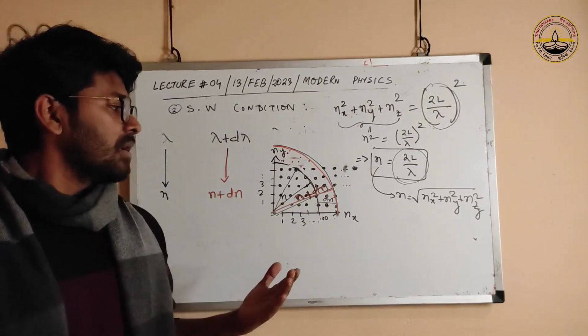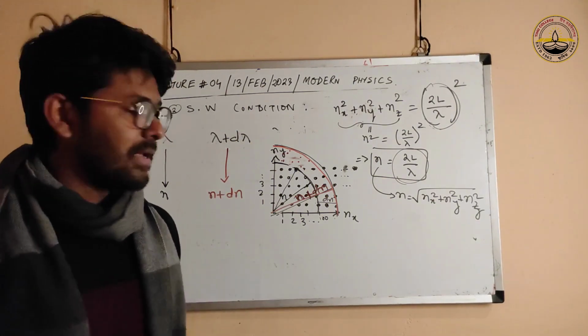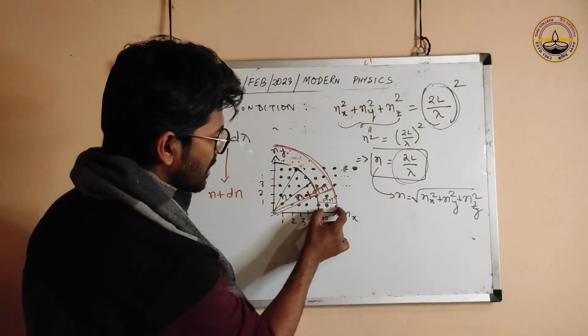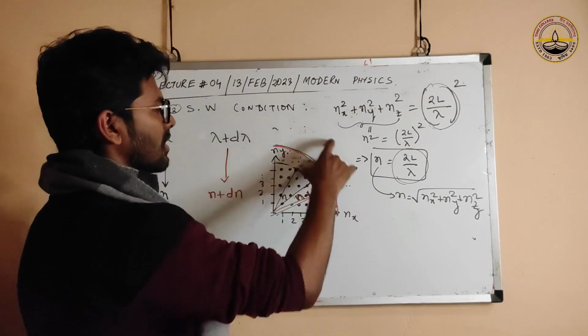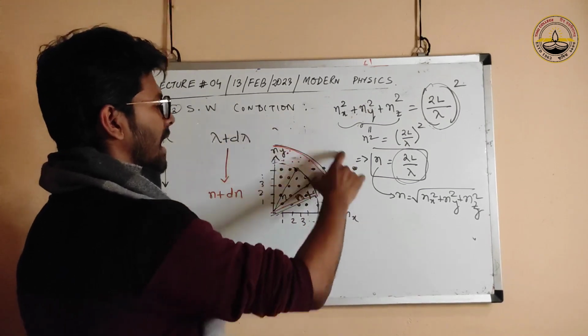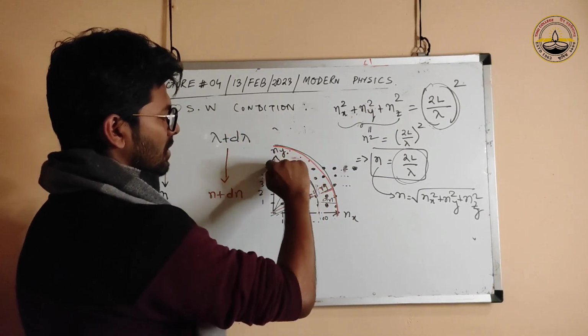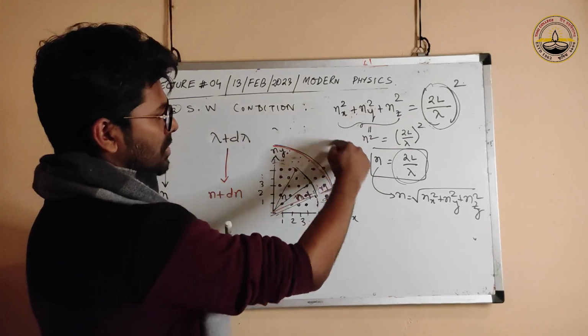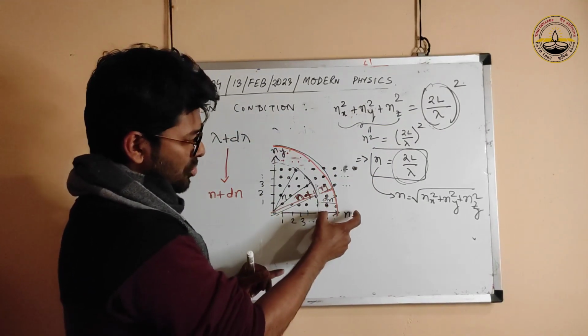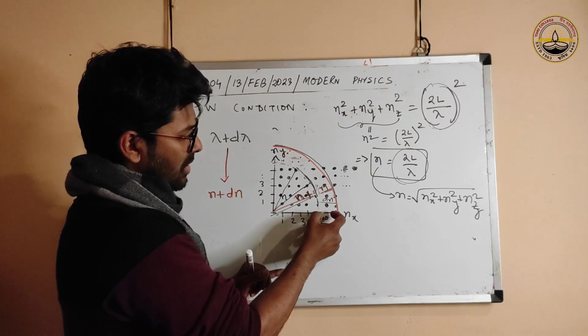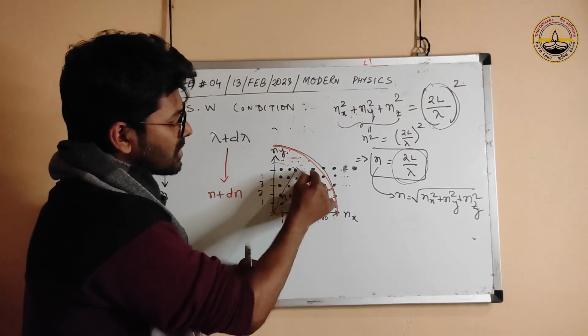So, this we can understand easily, that if we had increased this d lambda, like we had taken a bigger annulus, right? This big circle and the other circle is bigger. Then there will be more points. If we had shrunk the area, then there will be fewer points.